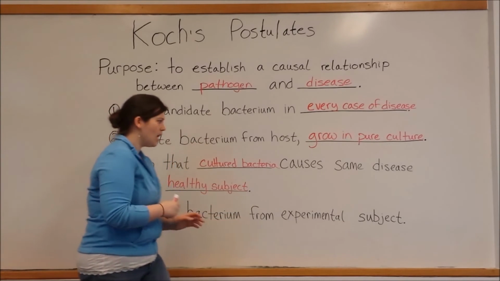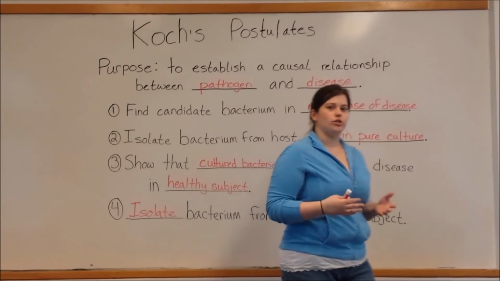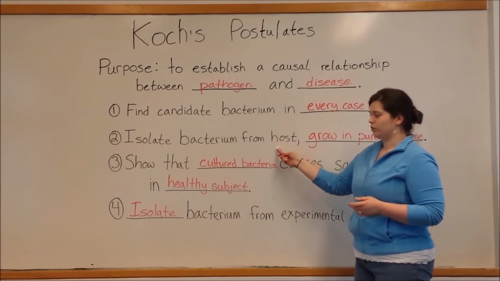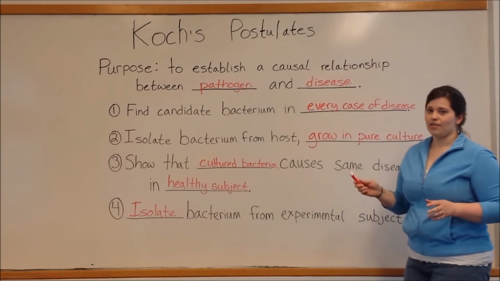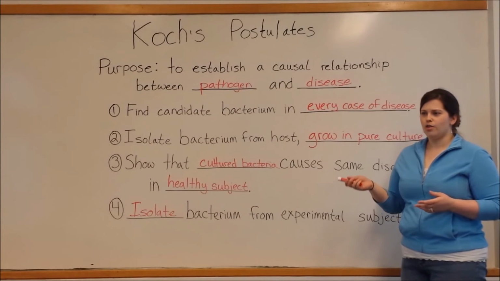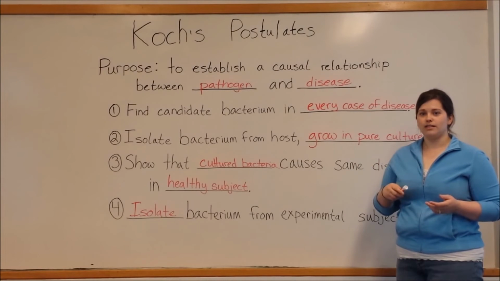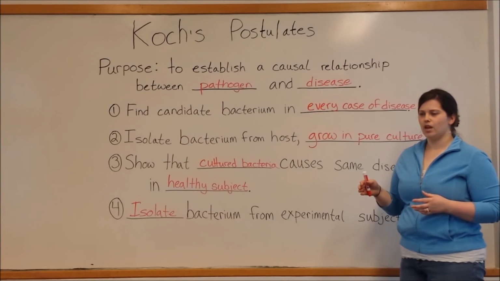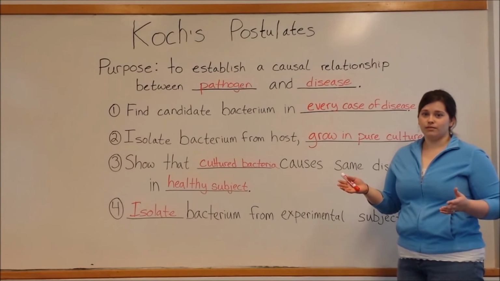Now, there are a couple of issues with Koch's postulates. First of all, with step number 2, not every pathogen is able to be grown in pure culture. For example, the bacteria that cause syphilis and leprosy are very difficult to grow in artificial media. Also, viruses.